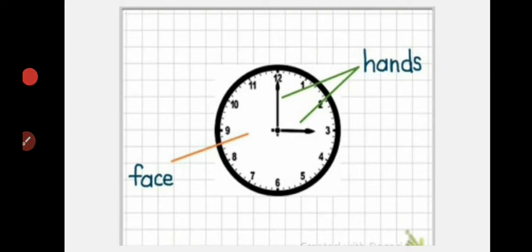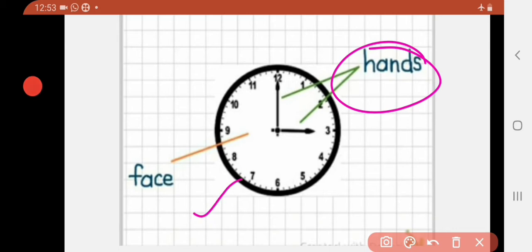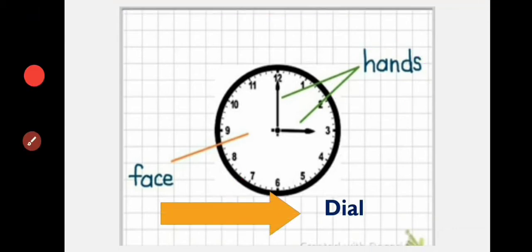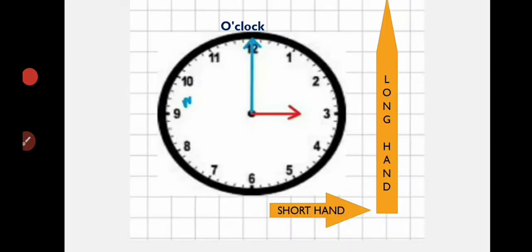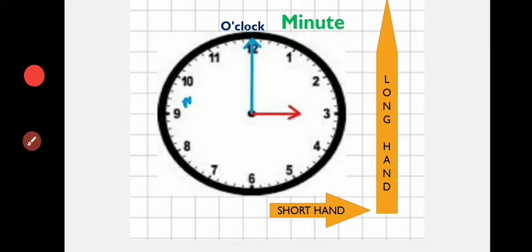Now let us understand the clock in detail. Dear children, as you have two hands, similarly, a clock has two hands and a face. And the face of the clock is known as the dial. Dear children, the blue color hand is the long hand and the long hand is the minute hand.